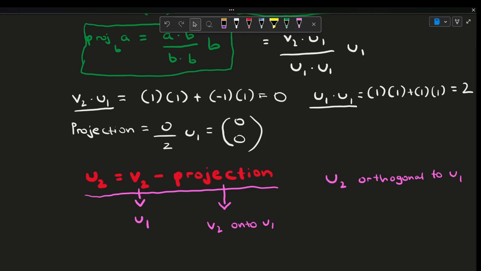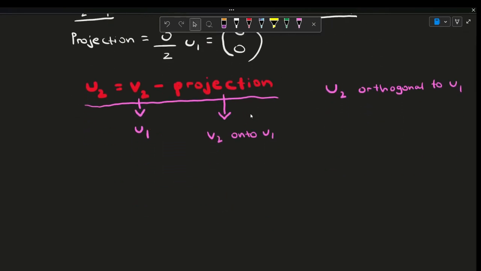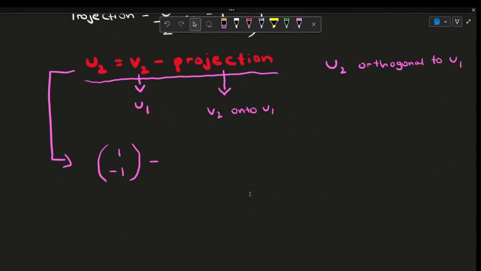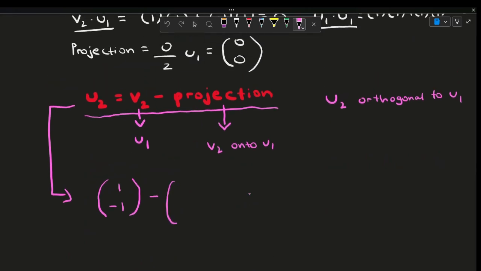Now let's look at the final answer. We're doing u2 is equal to v2 minus the projection. That would give us 1, negative 1, because v2 is 1, negative 1. If you go back up here, we can see it right here. v2 is 1, negative 1, and the projection, which we found right here, is 0, 0.